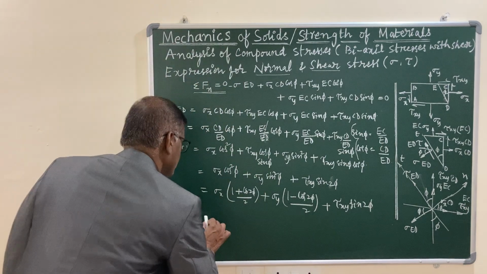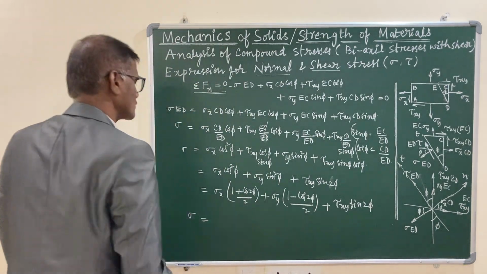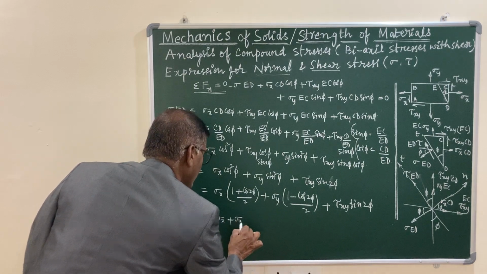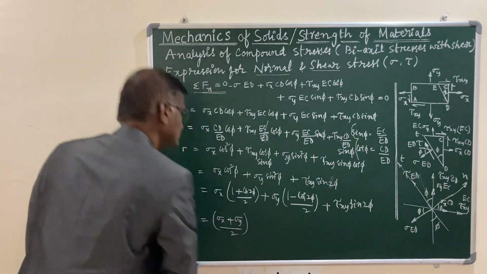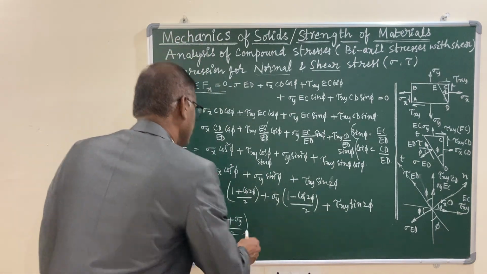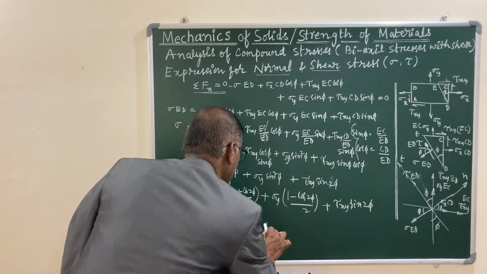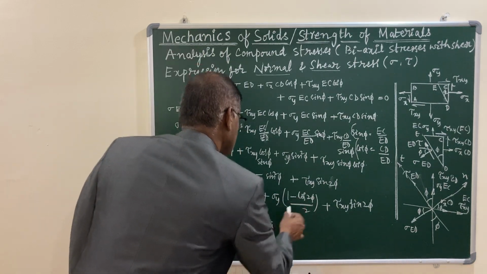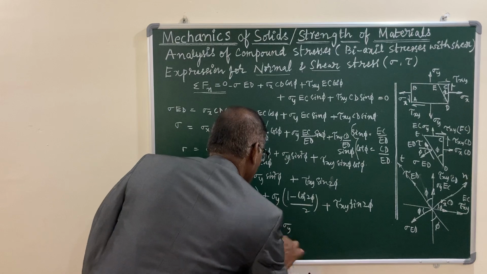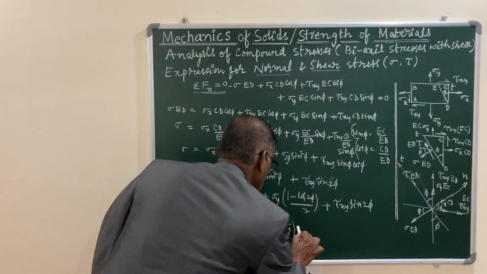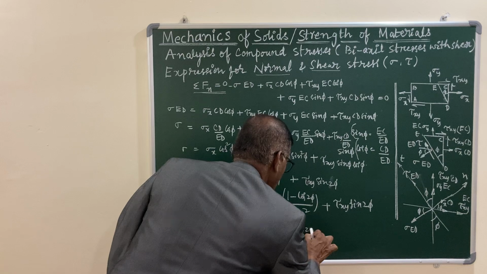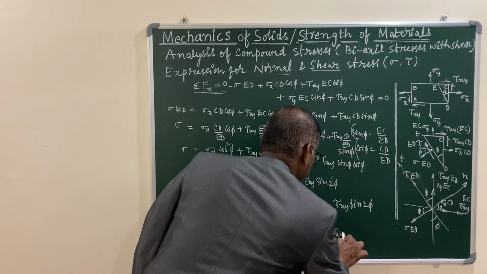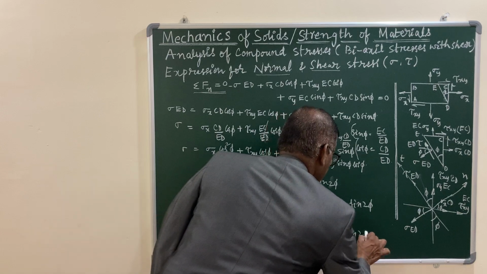And lastly, the expression you can write down: sigma is equal to sigma x plus sigma y by 2, and here the other term is minus, this becomes sigma x minus sigma y by 2 into cos 2 phi, I have taken cos 2 phi as common factor, plus tau xy sin 2 phi.